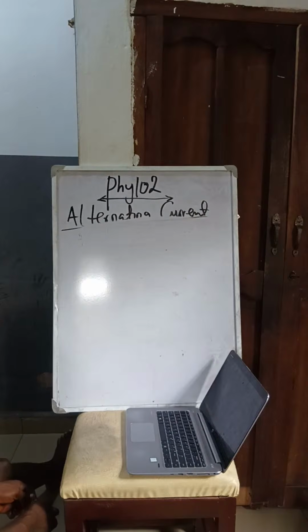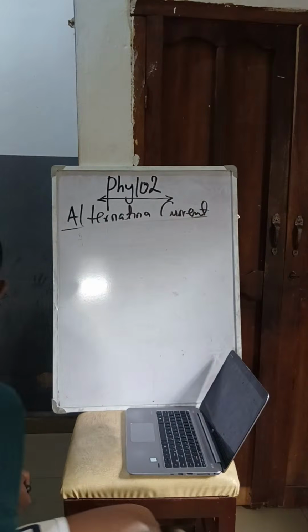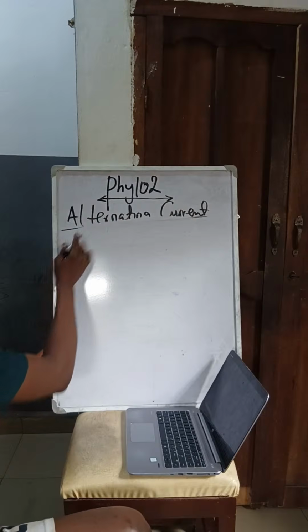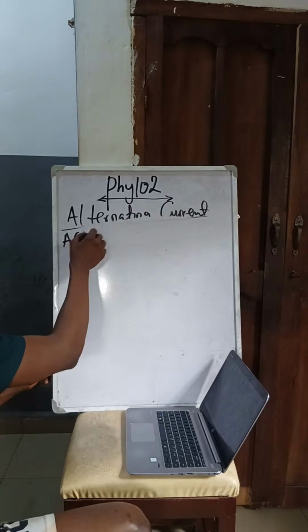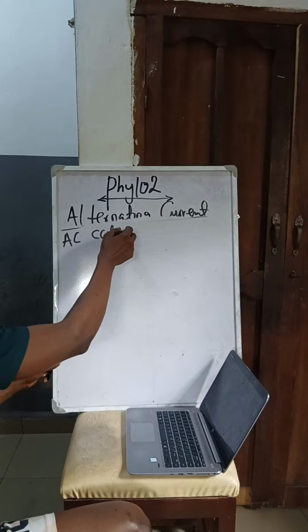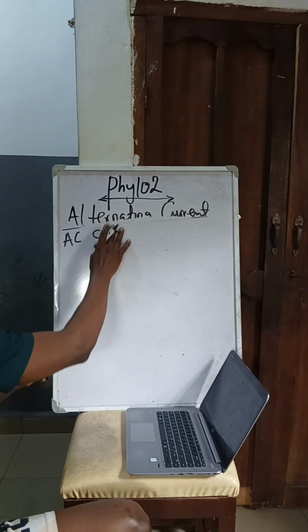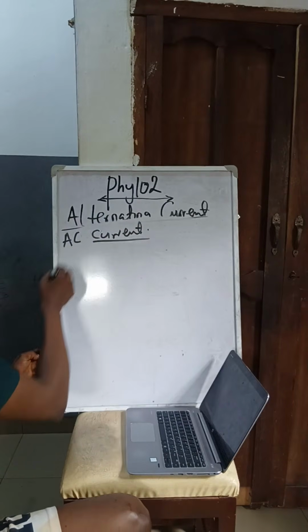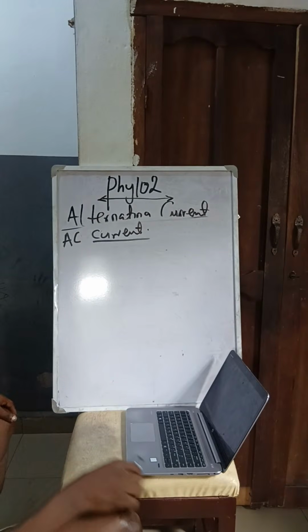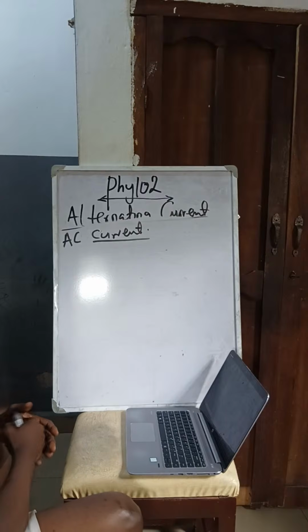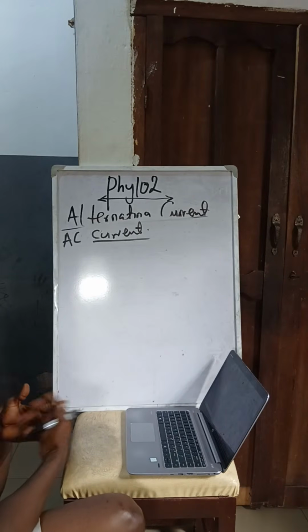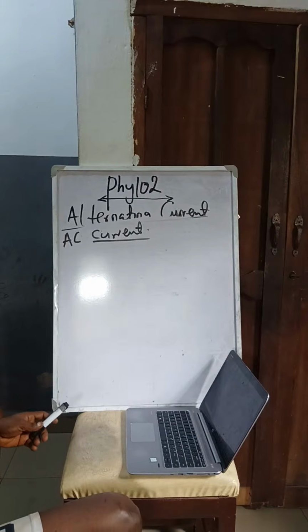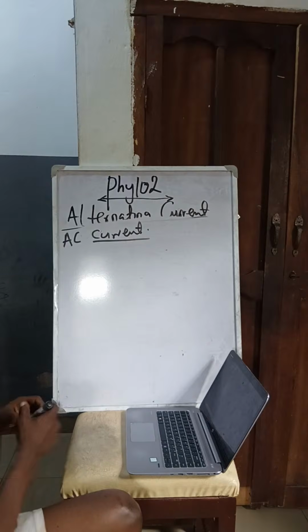An AC circuit, or let's say AC current, is an alternating current that changes direction periodically.